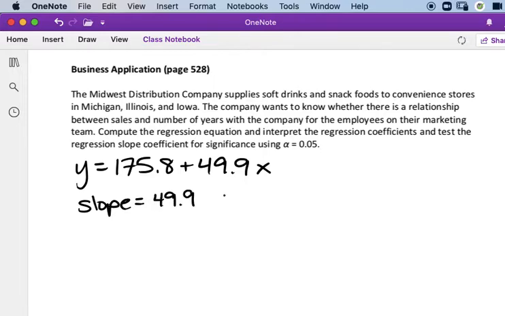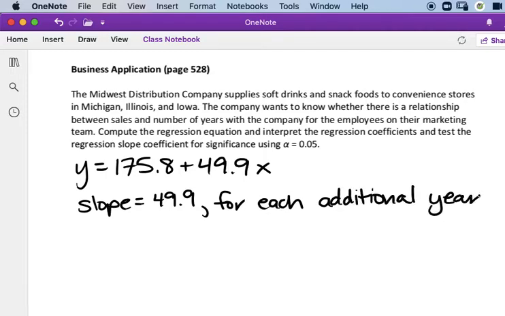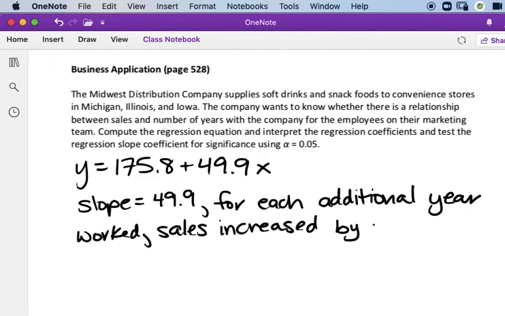What the slope means is that for every 1 unit increase in x, and x in this case is the number of years in the company, so for each additional year worked, sales increased, because my slope is positive, by $49.90 on average.